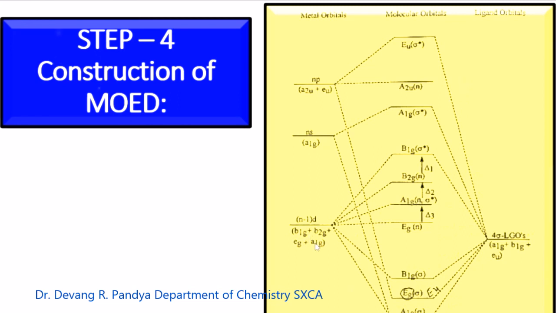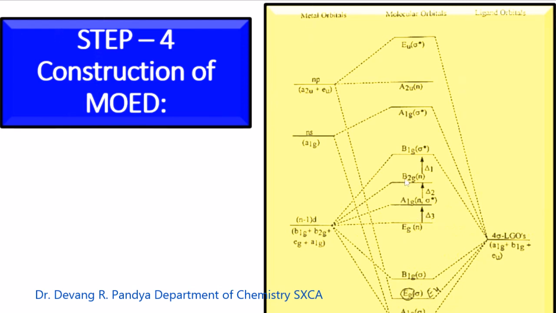So the symmetry is shown over here. That is B1G, not A1G actually. That is B1G of dz square, non-bonding as well as sigma star. The splitting difference between A1G and EG is shown here as delta 3.